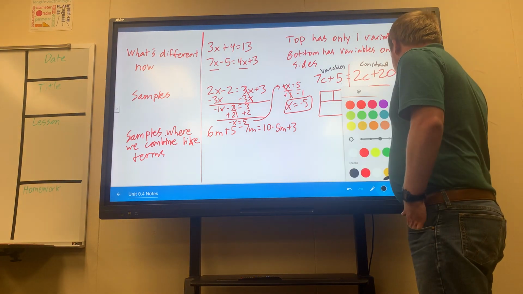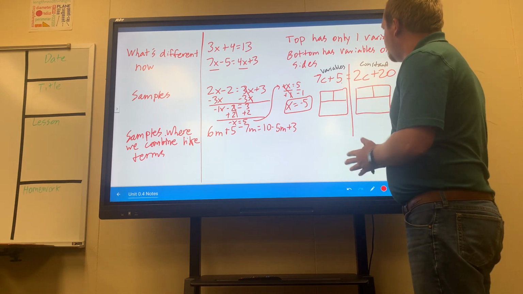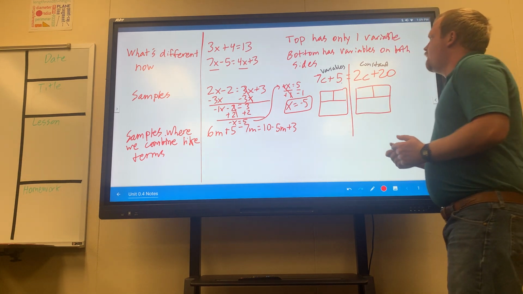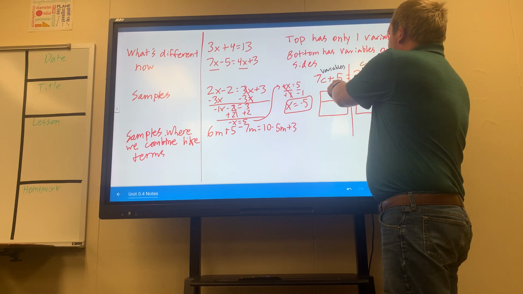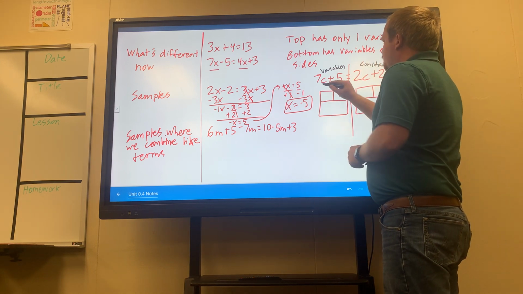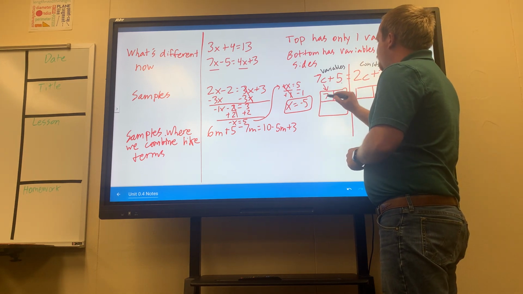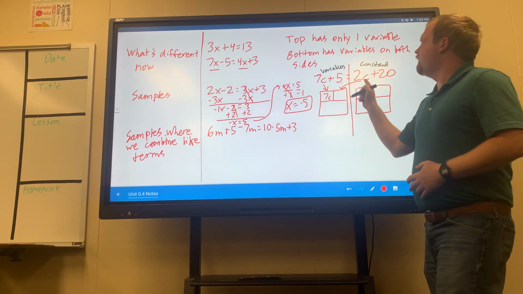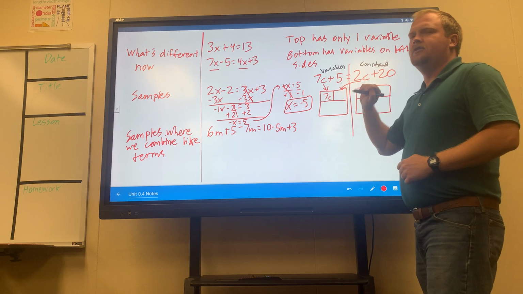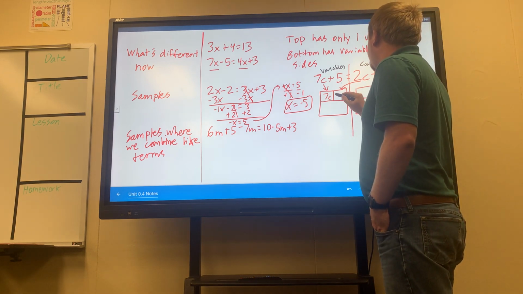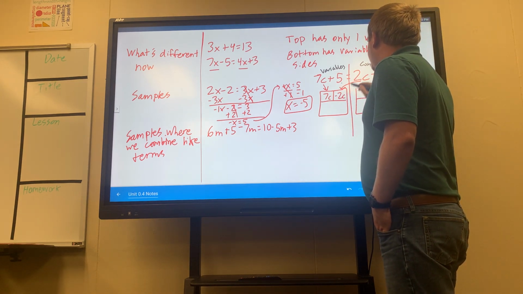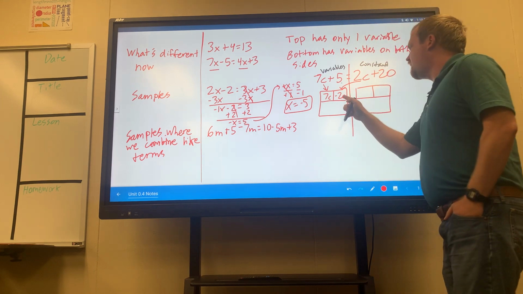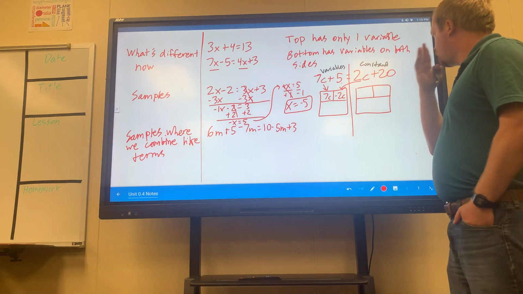Now, so let me show you what to do. So I'm going to put both variables into these boxes. So the 7c goes here, 2c goes here. But if you cross the line, you're going to change the sign, okay? So I cross the line, and I'm going to change my sign to a negative 2c, okay?